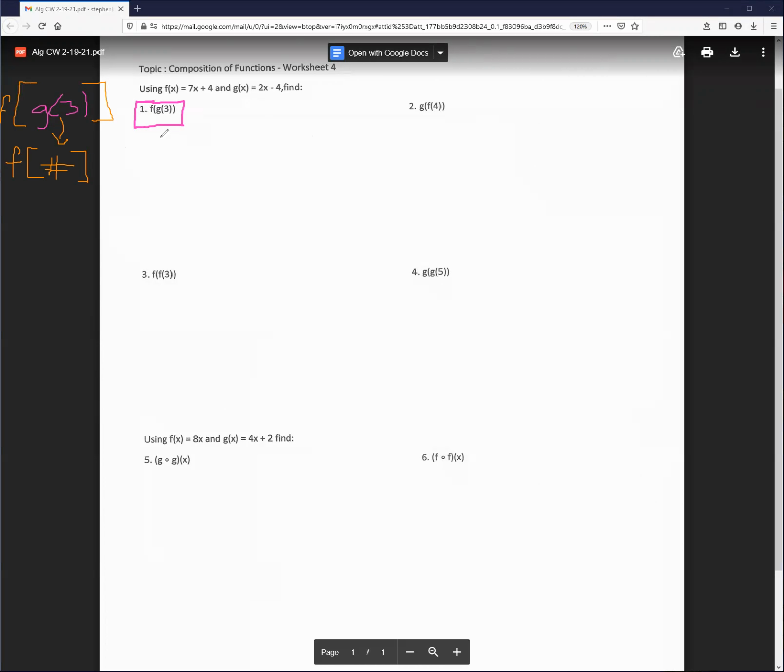What is g of 3? g of 3 is 2 times parentheses minus 4. 2x minus 4, replace the x with parentheses, and then we're going to fill these parentheses with what the parentheses over here are filled with, which is a 3. So that means we've got 6 minus 4, which is 2.